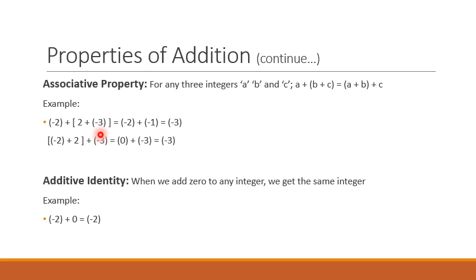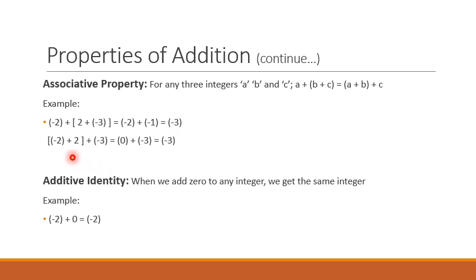So 2 plus minus 3 will give me minus 1. Now I add this minus 1 to the third integer, minus 2. Minus 2 plus minus 1. Both the numbers are negative, so the answer is negative and we have to add the numerical values. So 2 plus 1 gives me 3 and the answer is minus 3.